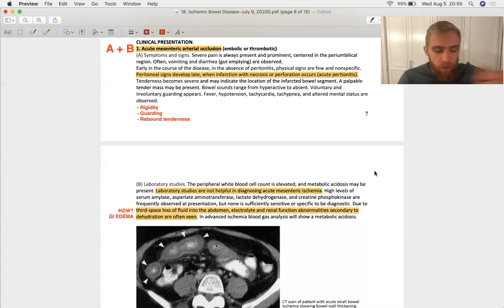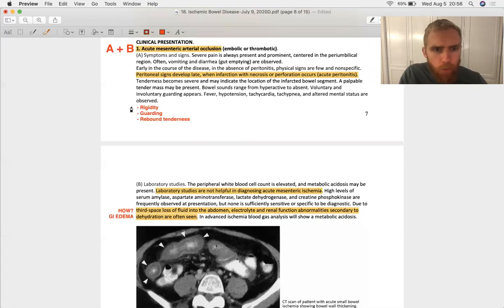Somebody sits on one side of the waterbed, what's the other side do? Boing. Whenever the person gets off the waterbed, what happens to the other side? It collapses and goes down flat. And that snapback movement of the injured peritoneum is what causes rebound tenderness. So that's a peritoneal sign.